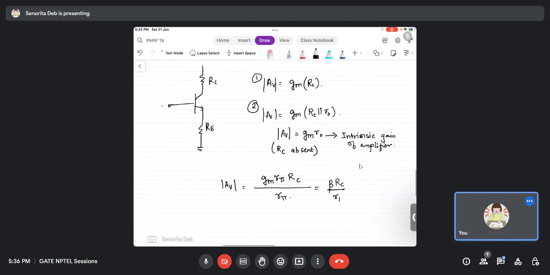Understood? This is nothing but beta into R out by R in.